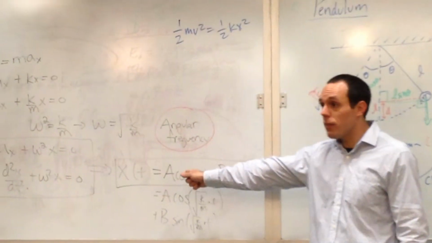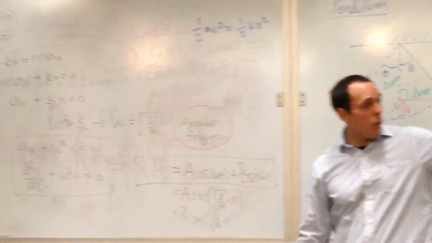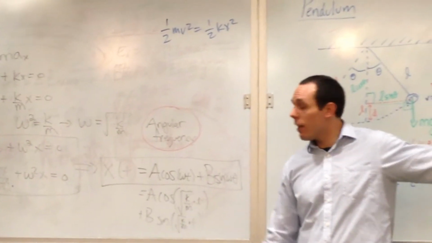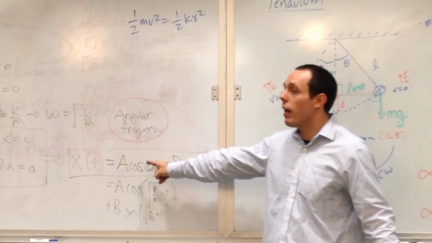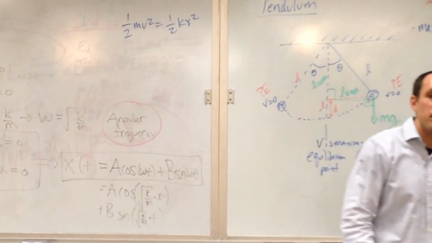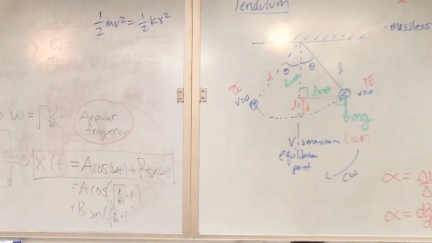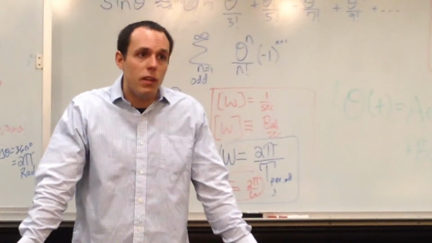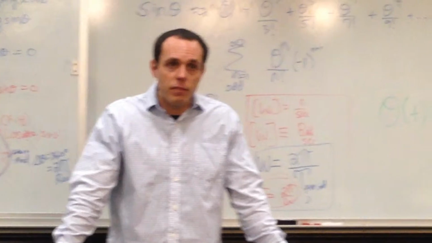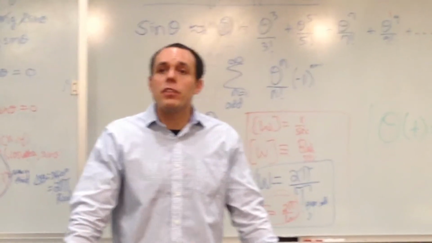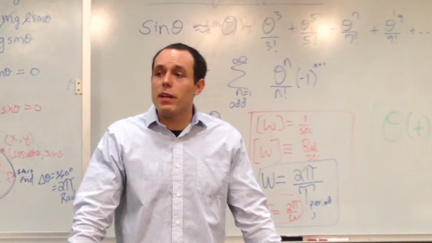They will always have this equation. Whether you're talking about the position that you're worried about or the angular distance theta, they all have the equation a cosine omega t plus b sine omega t, where omega is 2 pi divided by the period, or in each of these cases has a unique physical reference to them. And the way to simplify the equation is to use some initial conditions.